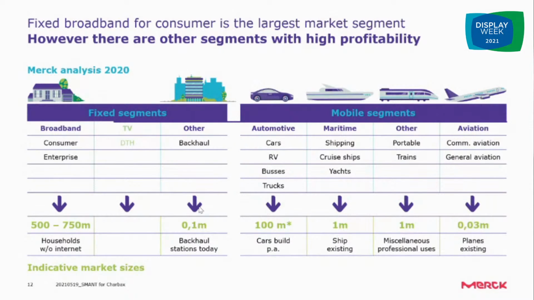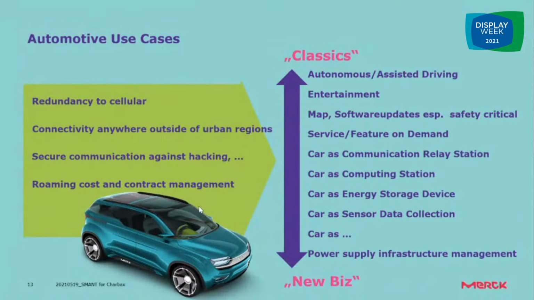And then you, of course, have all the mobile segments like automotive, maritime, and aviation that will create a lot of demand for these antennas. Right now, automotive is a very hot topic within the car industry.